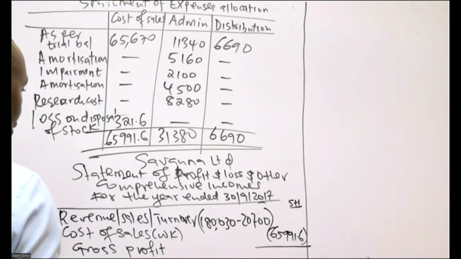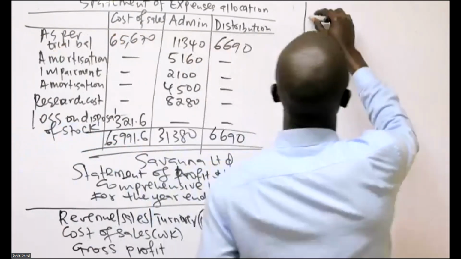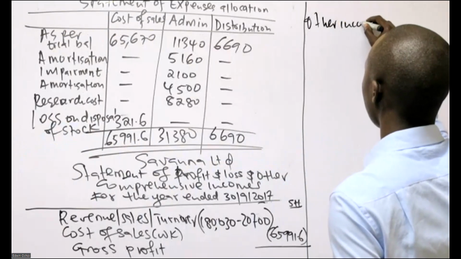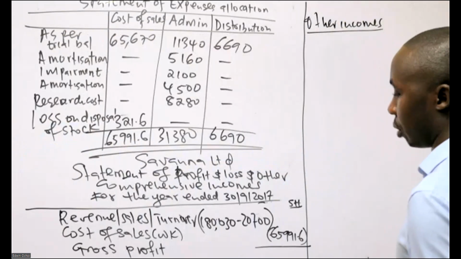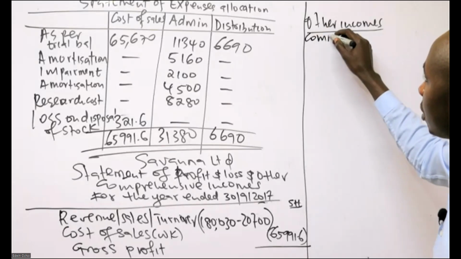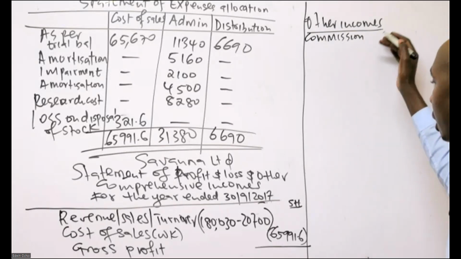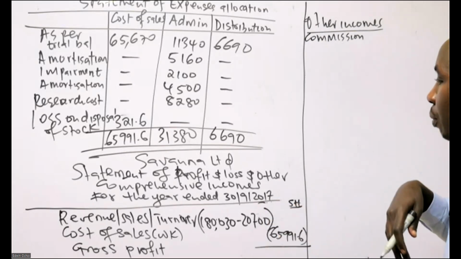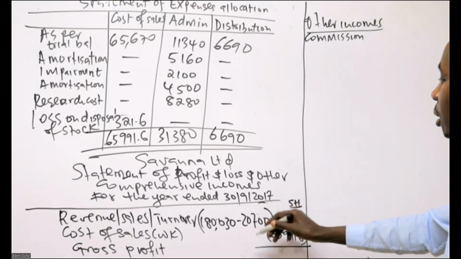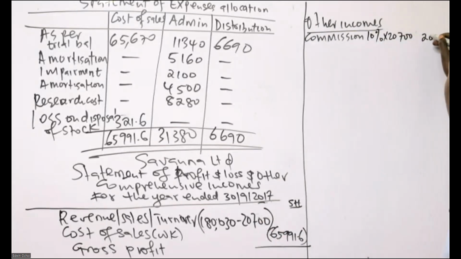Our revenue after deducting the 2,700, so that we go to other incomes. To add other incomes, the first one is commission. Commission was 10% of the sale, 10% of 2,700. So 270.